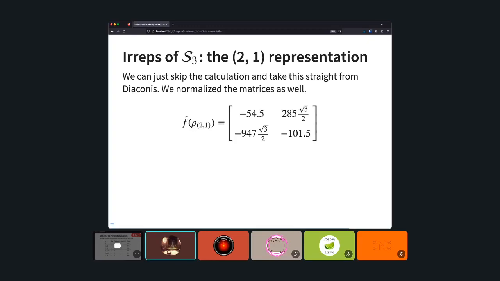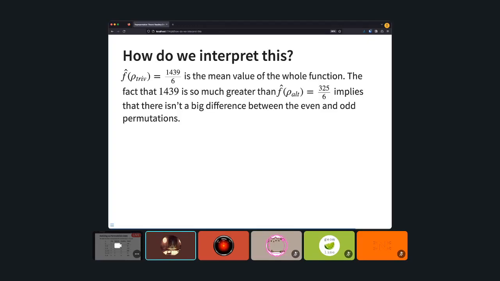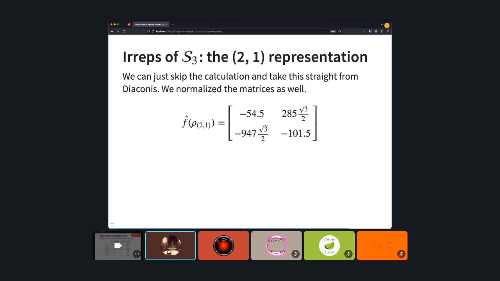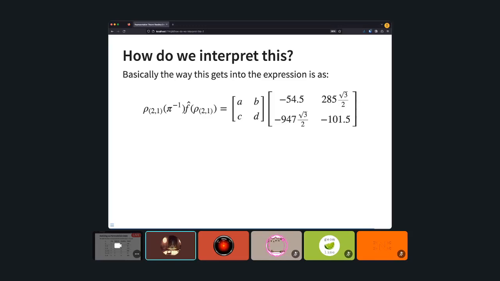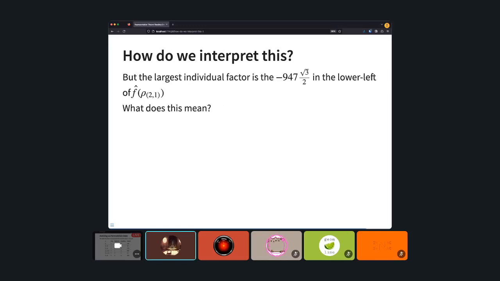Great, I have this matrix, but it's actually kind of nice and clear, because the biggest component of this is the -947 square root 3 over 2, and you can go and inspect how this individual piece of the matrix affects the function.